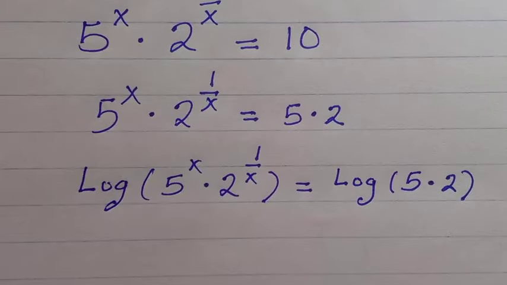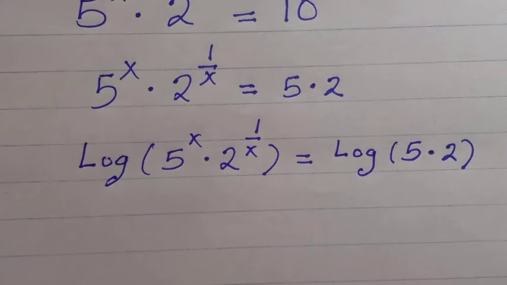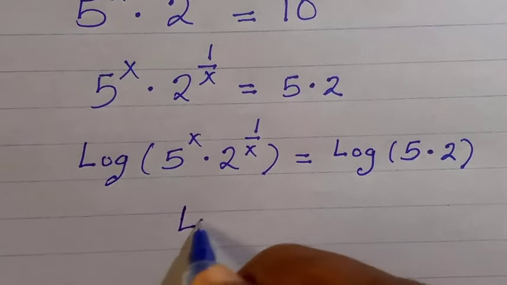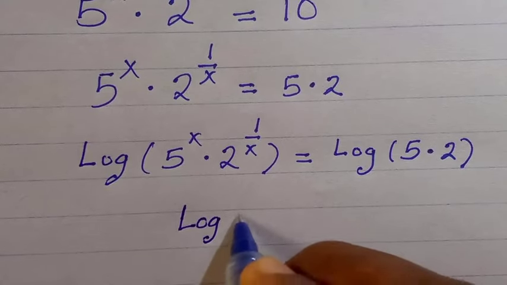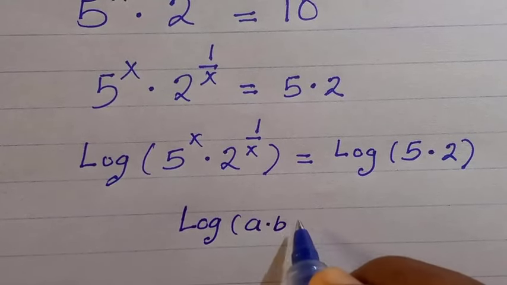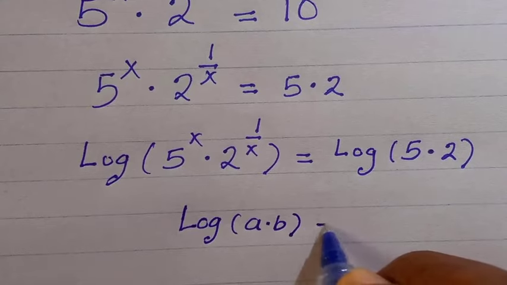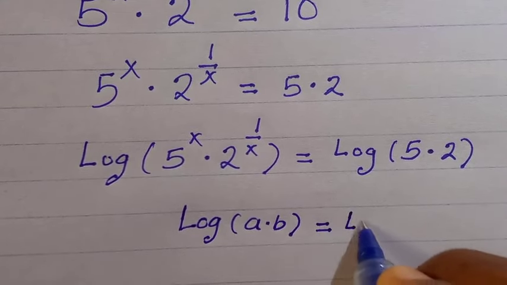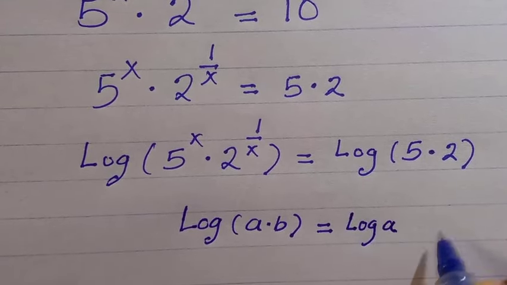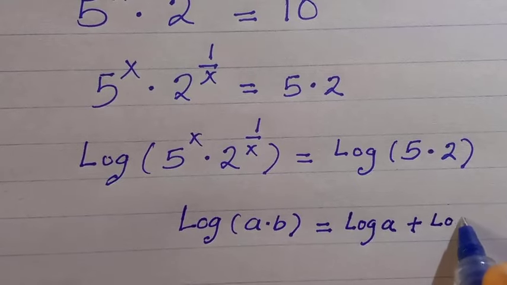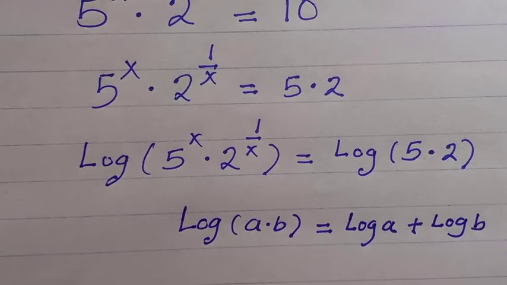By considering the properties of logarithm, which says anytime we have logarithm of a dot b, this is given as the sum of log a and log b.